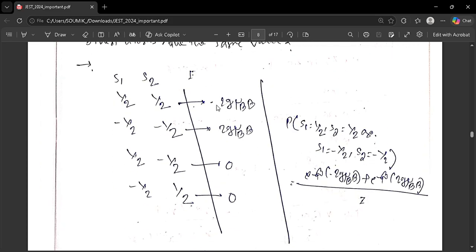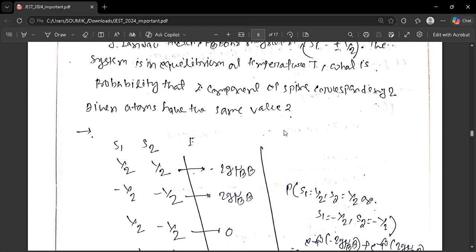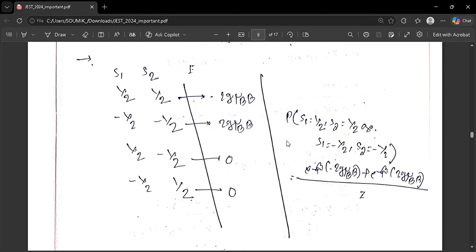Okay, then the question asks, what is the probability that the z component of spin corresponding to given atoms have the same value? That is when the two atoms S1, S2 have values 1 by 2, 1 by 2, or when they have values minus 1 by 2, minus 1 by 2. So this is the equation.